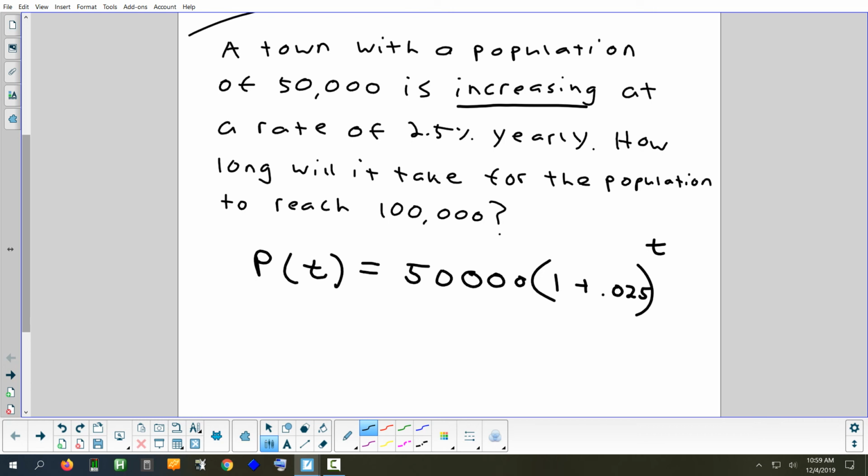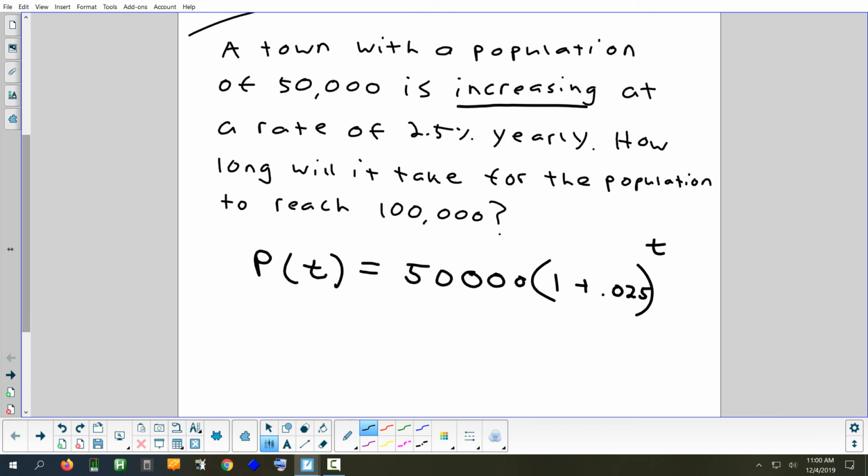Okay. What else in that word problem haven't I plugged into that equation yet? One more thing. Yeah? We haven't filled in the 100,000. Brandon, where is that 100,000 going to go? Well, what is the 100,000? It's 100,000 what?